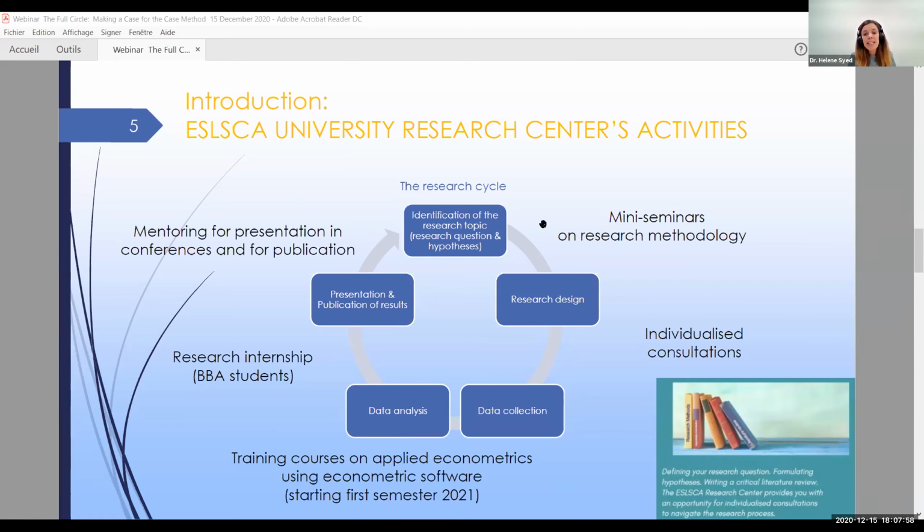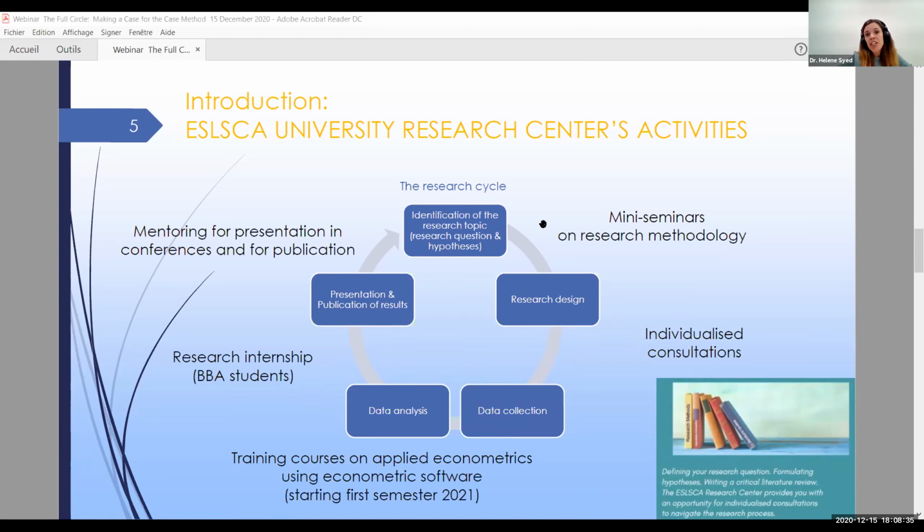For example, at the very beginning of a research project, when it comes to the statement of your research question or the formulation of your hypothesis following a review of the literature, we offer mini seminars on research methodology. Then, when it comes to research design, we offer what we call individualized consultations. They used to be face-to-face consultations, but they can also take place virtually without any problem.